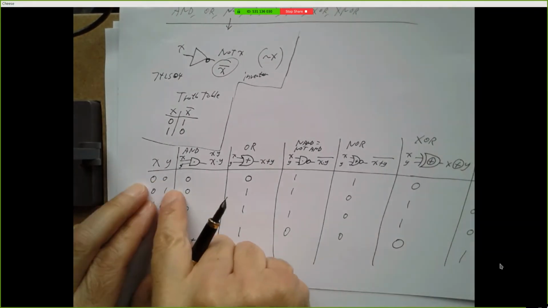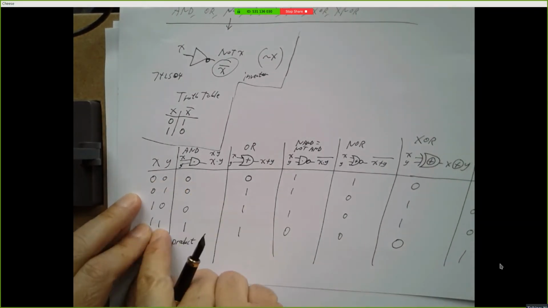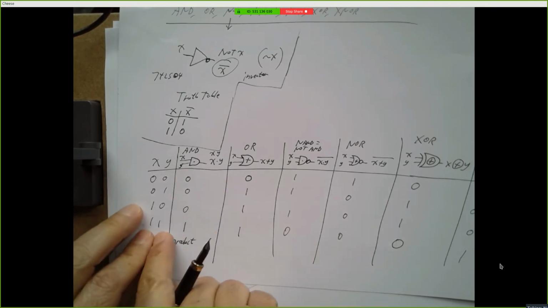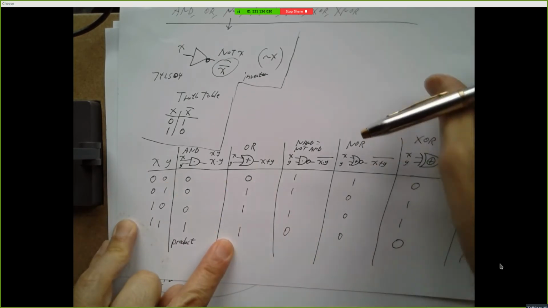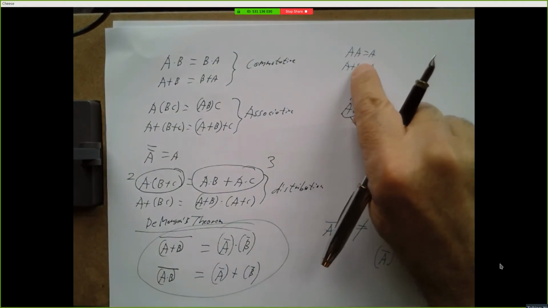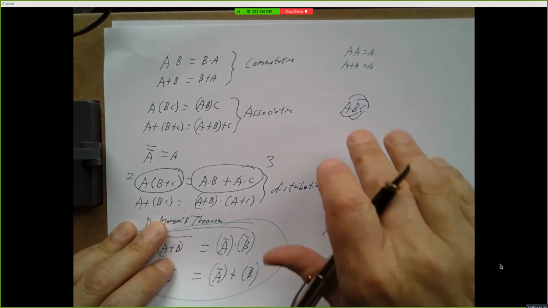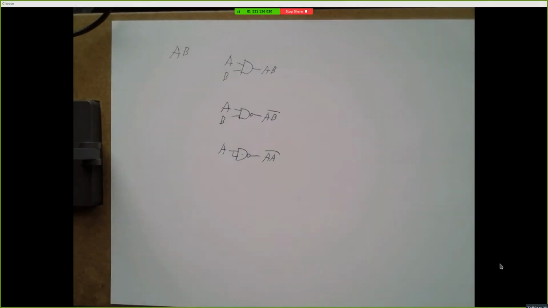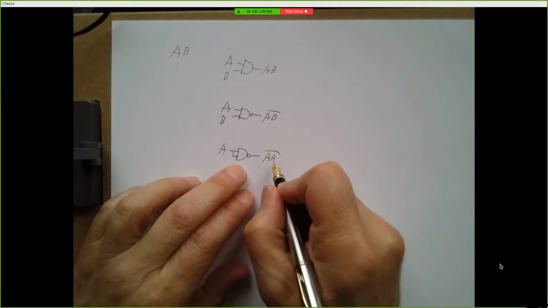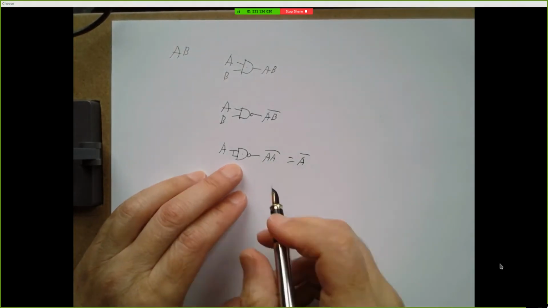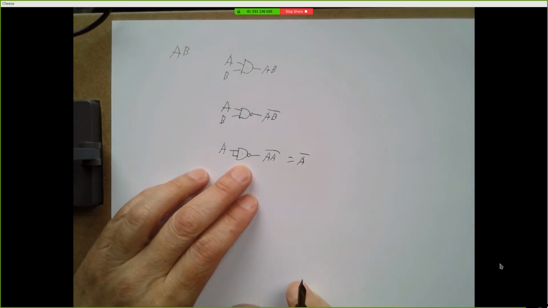If X is equal to Y, 0 ANDed with 0 is 0, 1 ANDed with 1 is 1. 0 ORed with 0 is 0, 1 ORed with 1 is 1. So ANDing something with itself just gives you back that something, and ORing something with itself just gives you back that something. So if I take A and AND it with itself, I just get A. So A NANDed with itself is just the inverse of A.